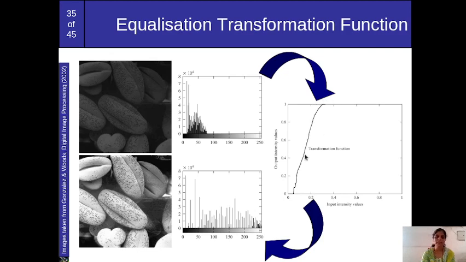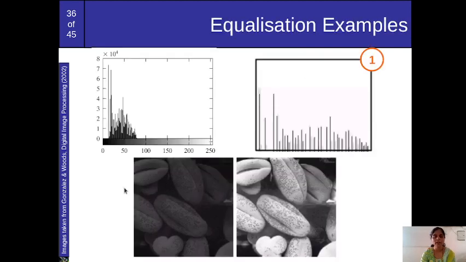After applying this transformation function, we get this output, and the histogram here is fairly uniformly distributed. What was highly concentrated here is now stretched out, and this is the output that we obtain after histogram equalization or after applying a contrast stretching function.